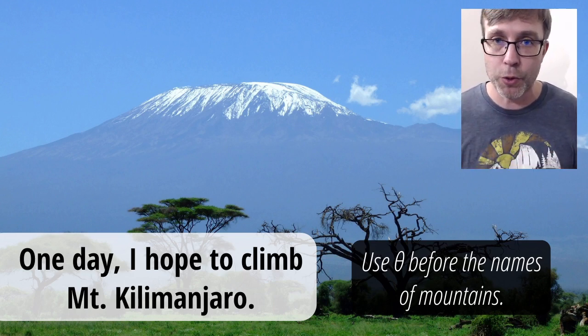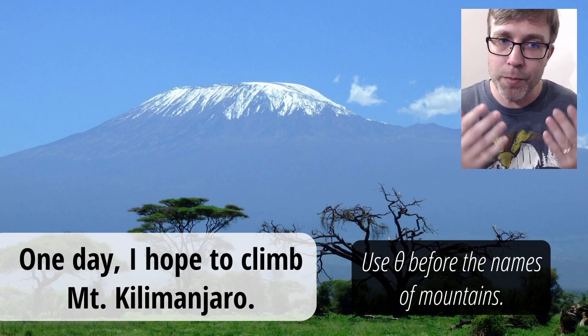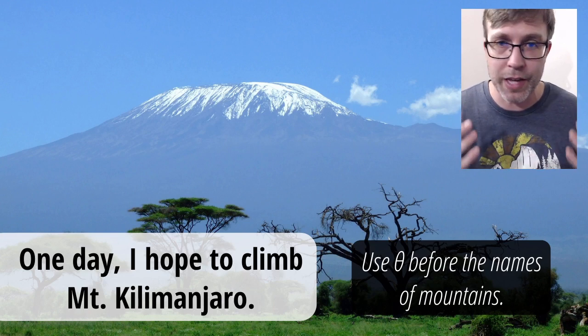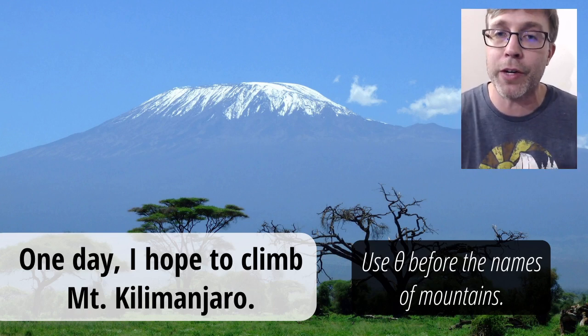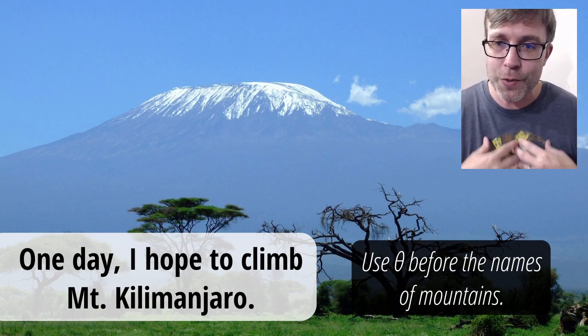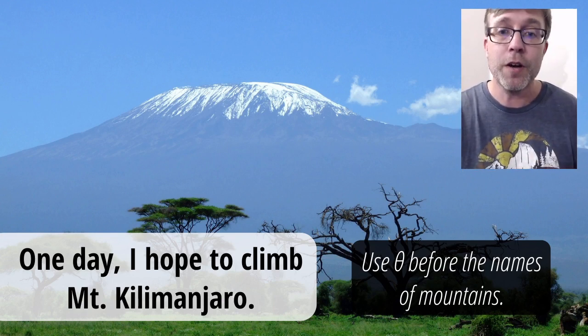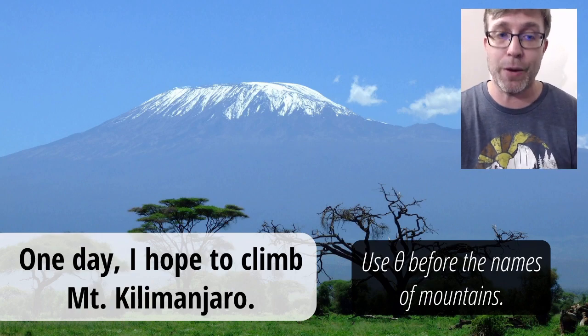This is one of those rules that you don't need to memorize, but the more you see sentences like this and you say to yourself, okay, one day I hope to climb Mount Kilimanjaro, the next time you are talking about a mountain and you say the name, you're just going to naturally not use an article. All right, so no article before the names of mountains.